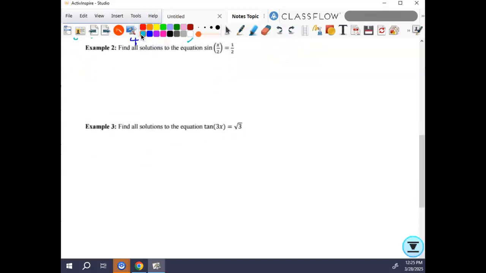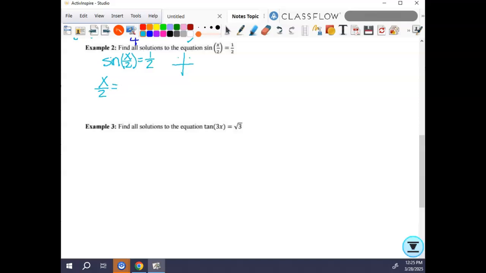So then let's just rewrite this. Sine of x over 2 is equal to 1/2. Right. Sine is positive in which quadrants? First and second. Right. So you take whatever the argument is, and that's x over 2.